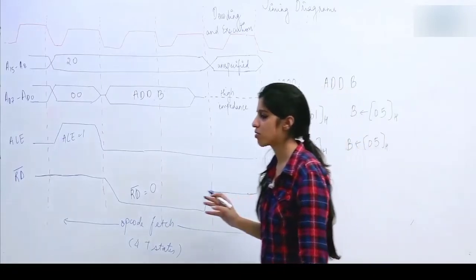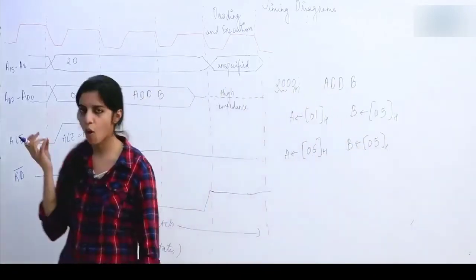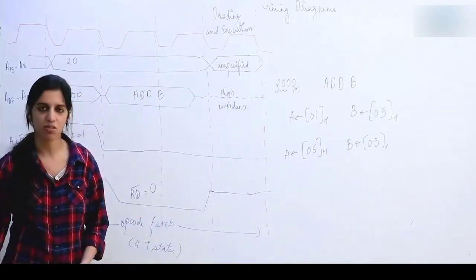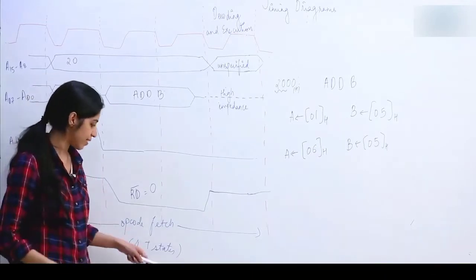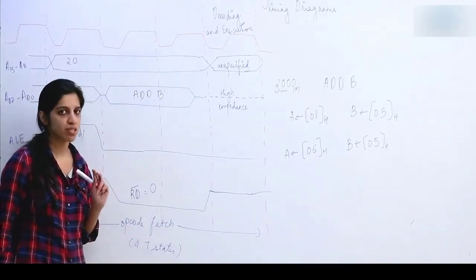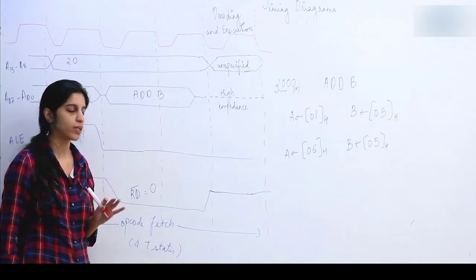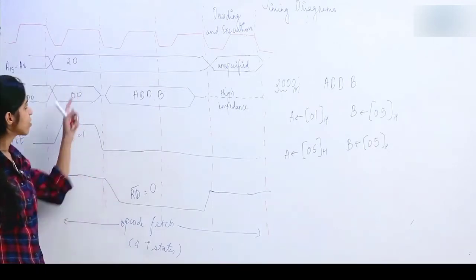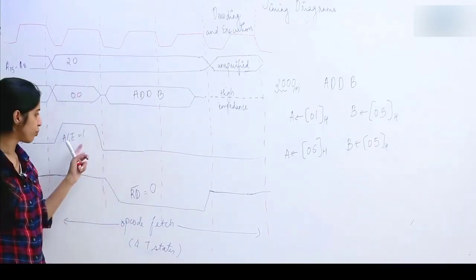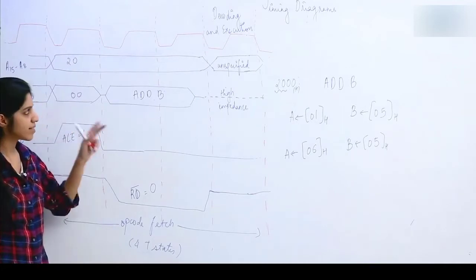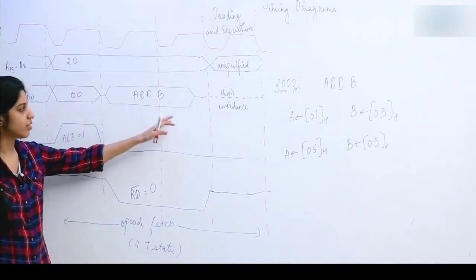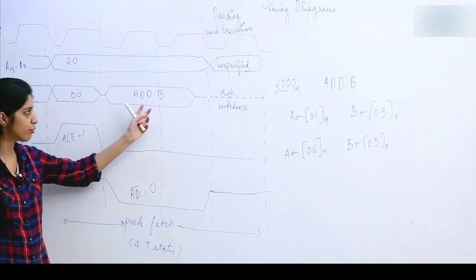Similarly, for any given instruction, any opcode fetch cycle is going to be 4 T states only. In the first T state you are going to put the address and make ALE 1. And then the second T state and third T state, it takes 2 T states to read from memory.